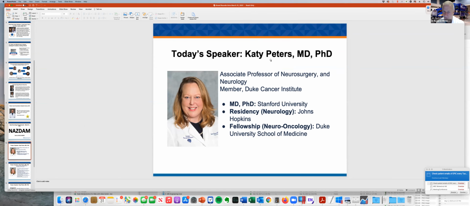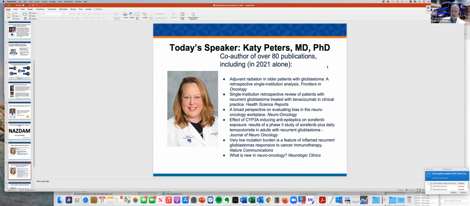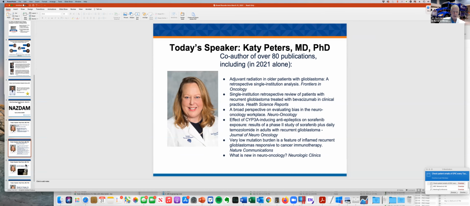And then she came to Duke to do a fellowship in neuro-oncology and has been here ever since, to our delight. Katy is a prolific author dealing with therapies for brain tumors and for side effects and quality of life in patients with brain tumors. She has over 80 publications.